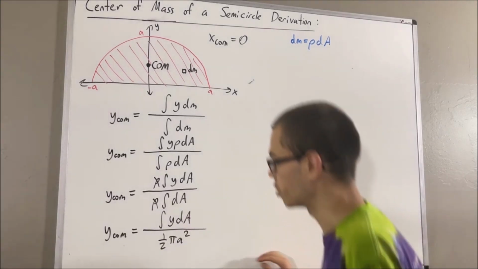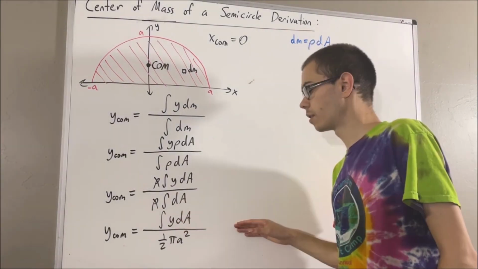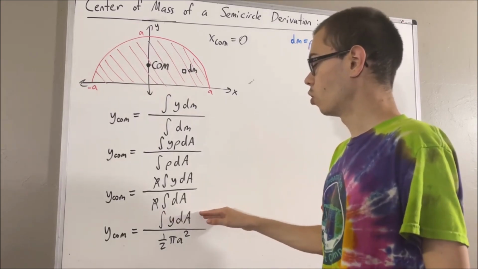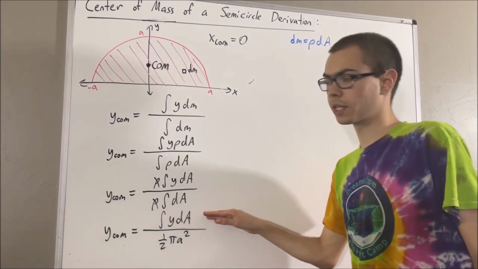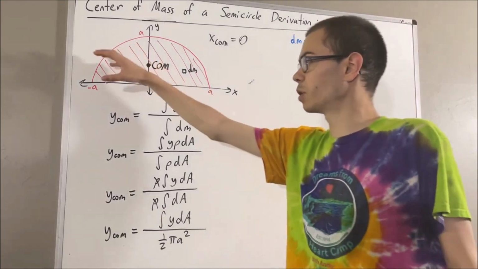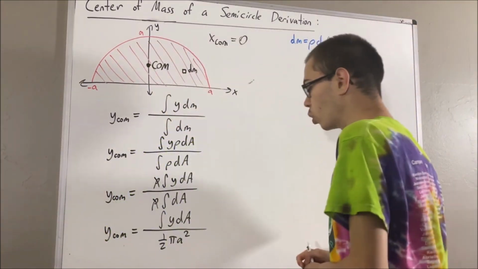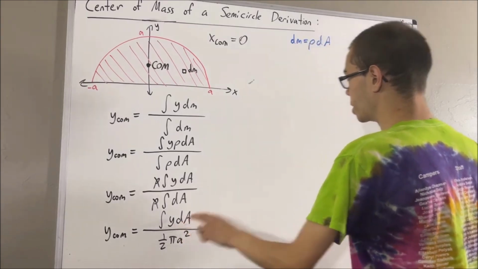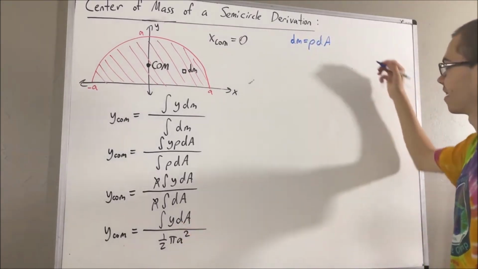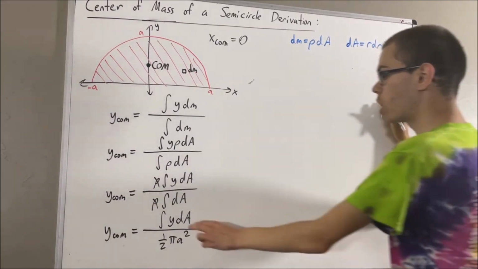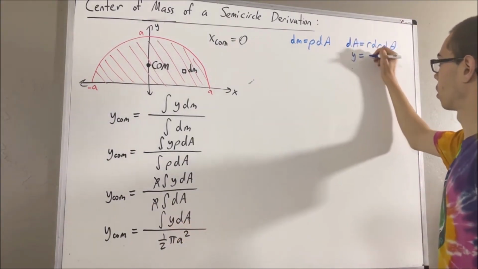So all that's left is to evaluate the top integral. To evaluate the top integral, we're going to convert it to polar coordinates because we're dealing with a circle. In polar coordinates, dA is just r dr d theta, and y is r sine theta.